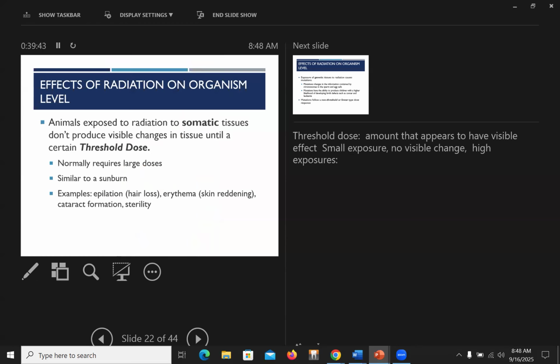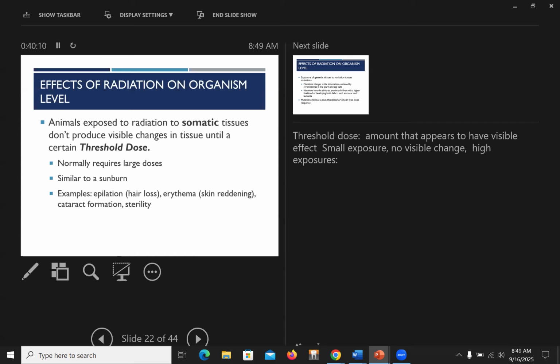Animals exposed to radiation to the somatic tissues don't produce visible changes in tissue until you hit a certain threshold. You can think about it like a sunburn. You're not going to get a sunburn necessarily in 5 minutes, but you definitely might get a sunburn in 20 minutes, or you might get a sunburn in an hour.